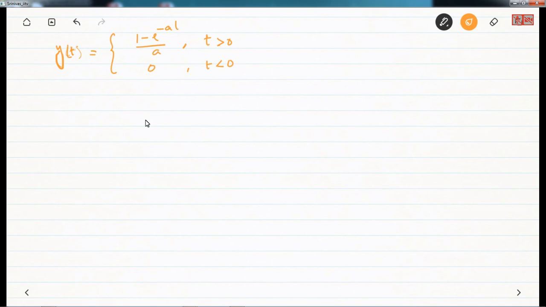See, the same thing I can write in a much more compact manner as y of t equal to 1 minus e power minus at by a into u of t. See, these two things are equal, right? Because u of t is equal to 1 for t greater than 0. So instead of writing like this, I can write this; this is equivalent to this. Fine.